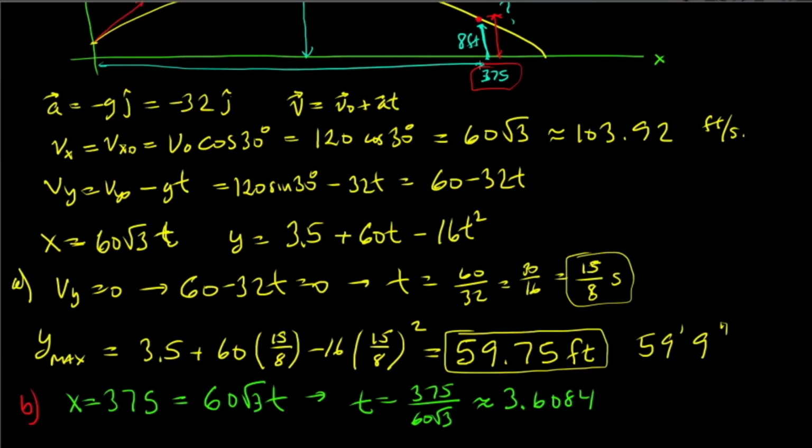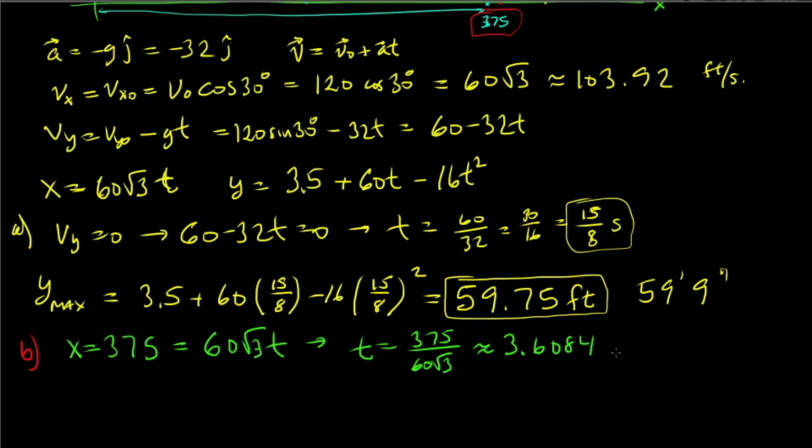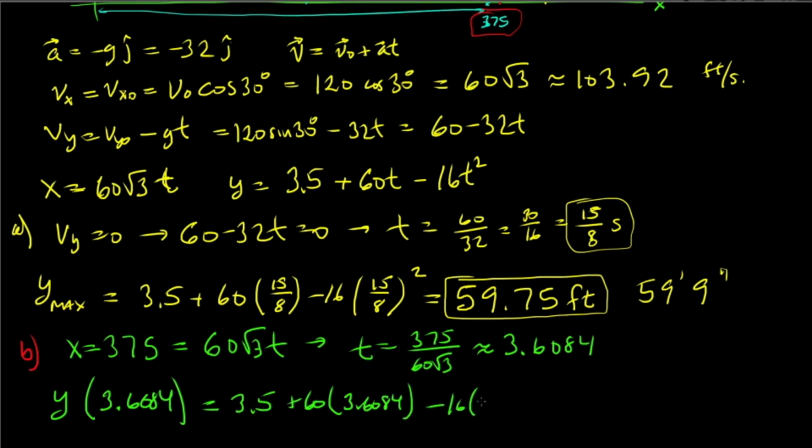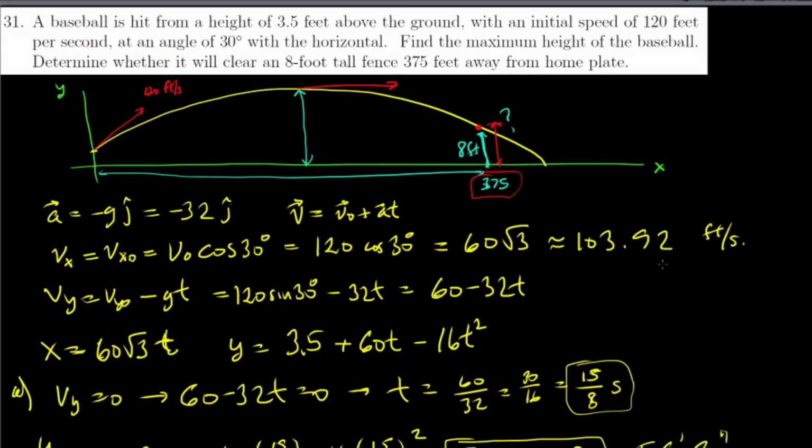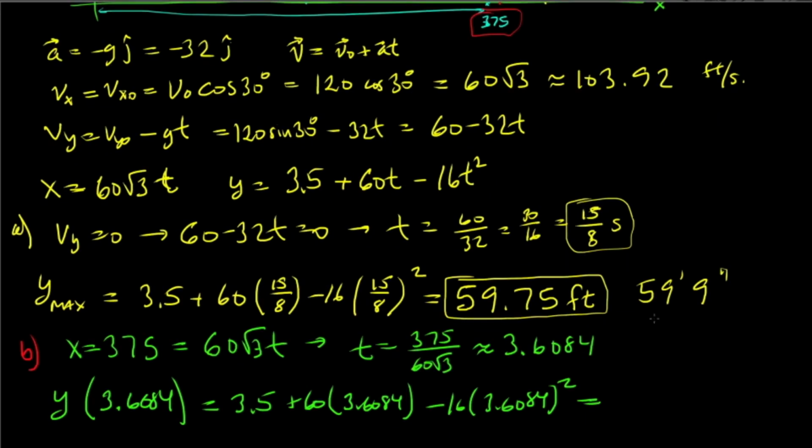And now, how high is it? Is it bigger than 8 feet or less than 8 feet? So you plug that into y. I'll write it down: 3.5 plus 60 times 3.6084 minus 16 times 3.6084 squared. If this is bigger than 8, the answer is yes, it does clear the fence. If it's less than 8, then it doesn't.